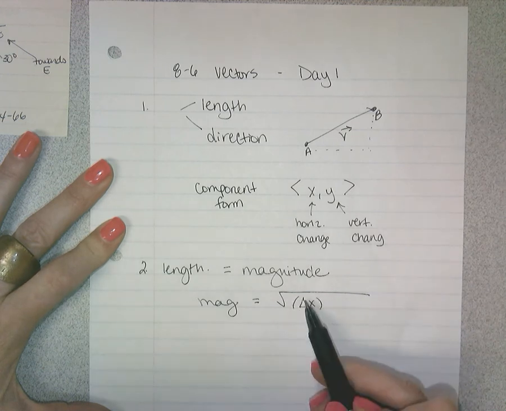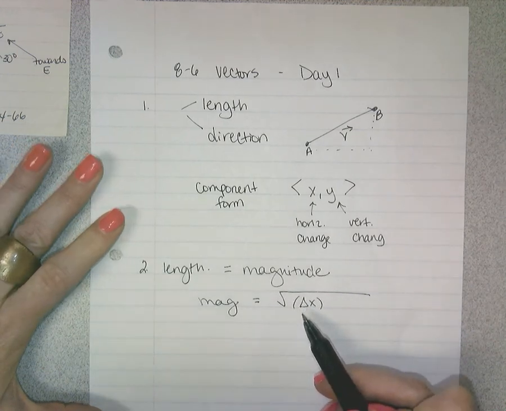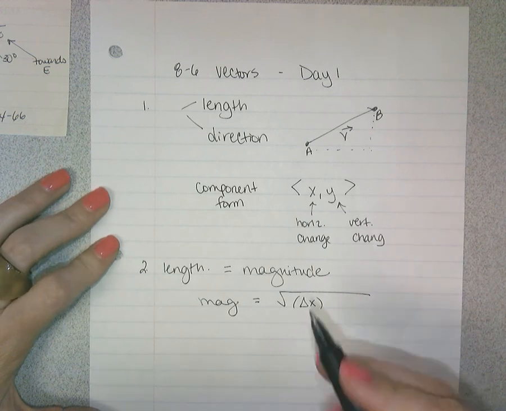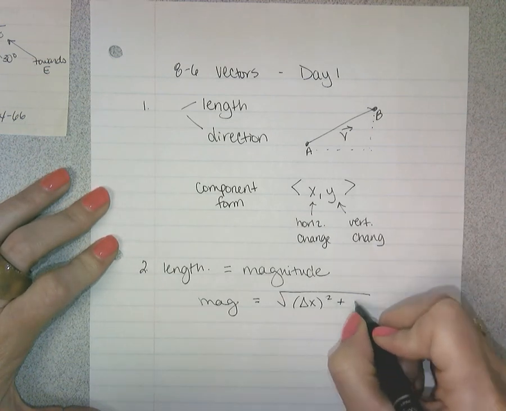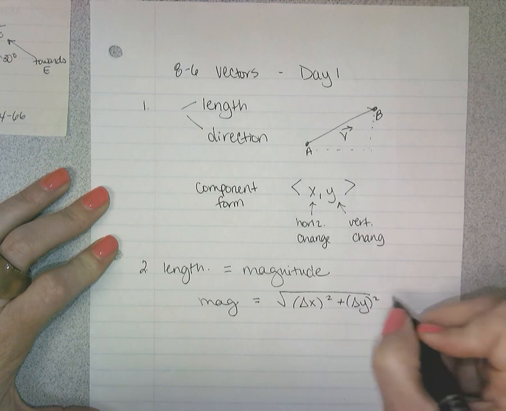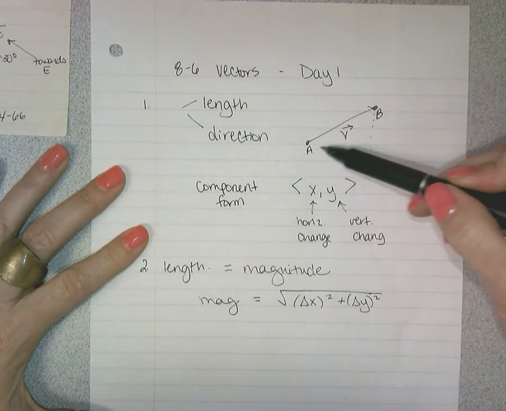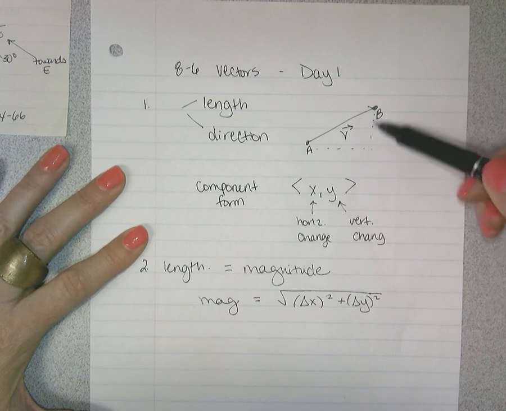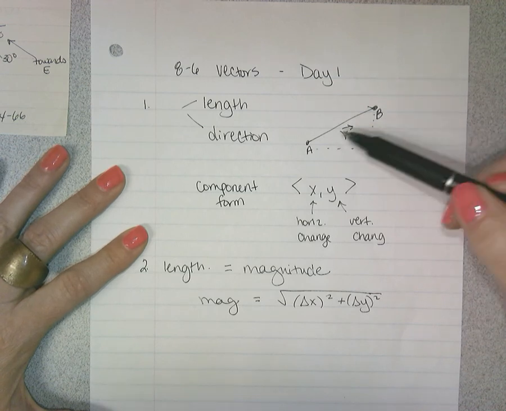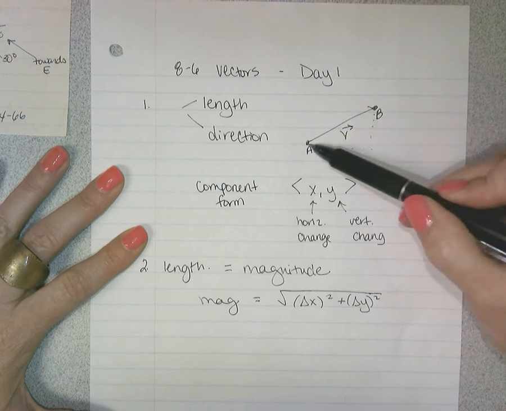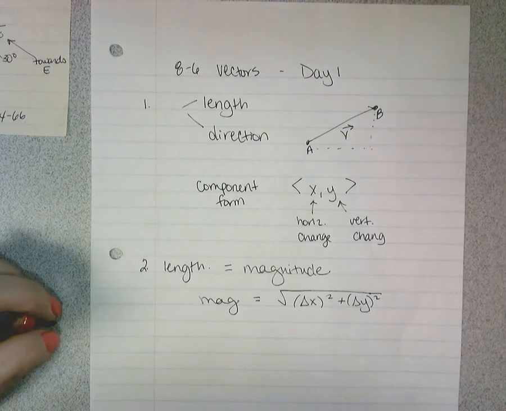I'm using the change notation, this delta symbol here. It's the Greek letter delta, and it means change. It's the change in x squared plus the change in y squared. And you should recognize that as the Pythagorean theorem. So it's this x distance, square it, this y distance, square it. Take the square root of it will be the magnitude or the length of your vector.